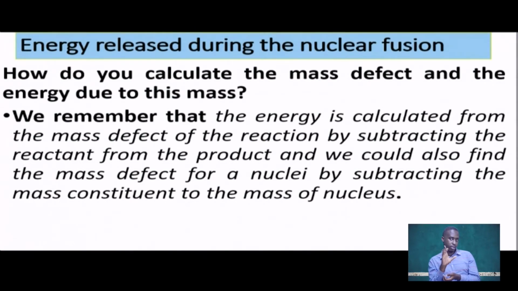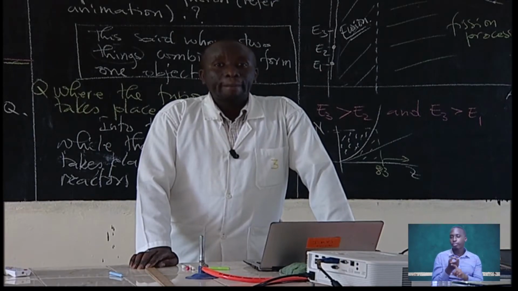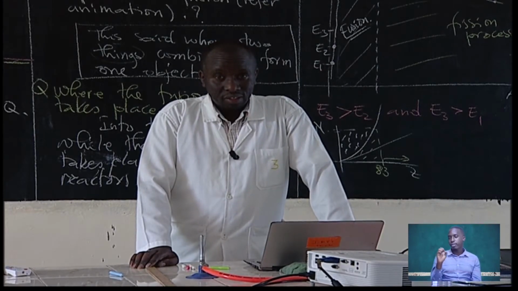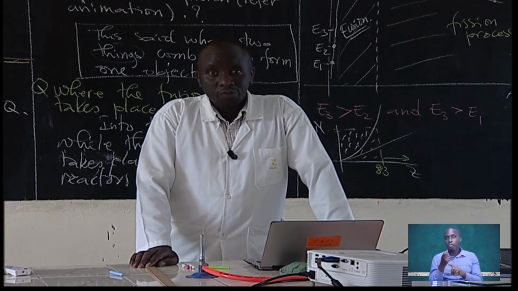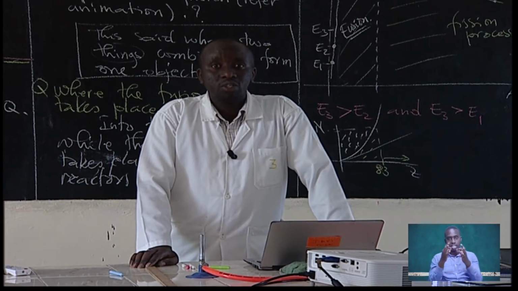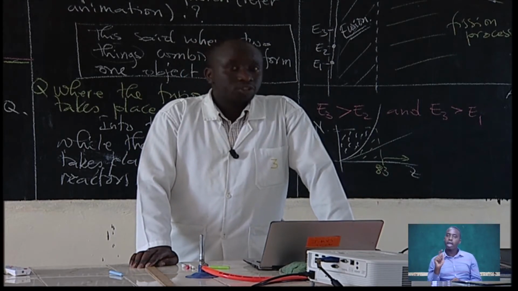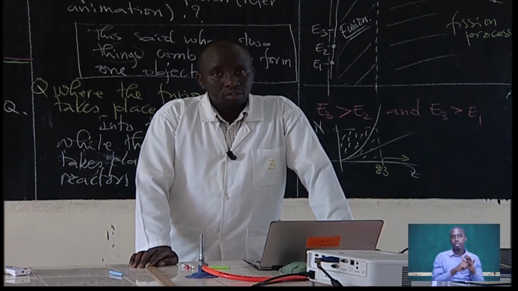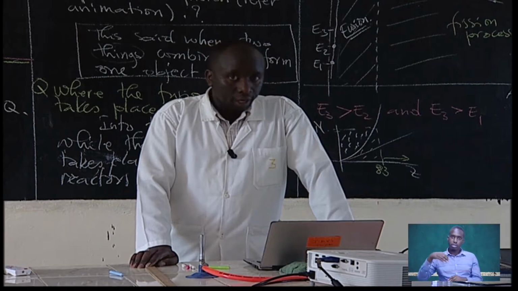Mass defect is calculated from the mass of reactant subtracted from the mass of product. This is mass of reactant minus mass of product, and then you have the mass defect. And you take that mass defect times the speed of light in a vacuum to find the energy.